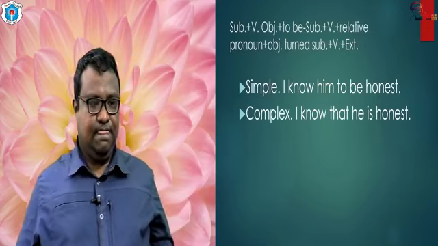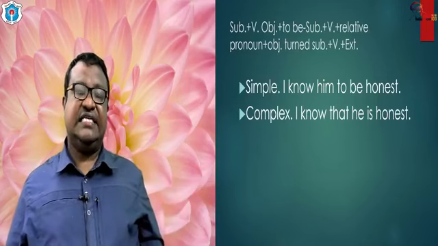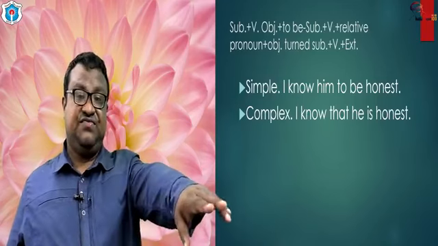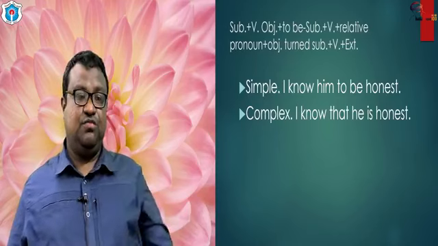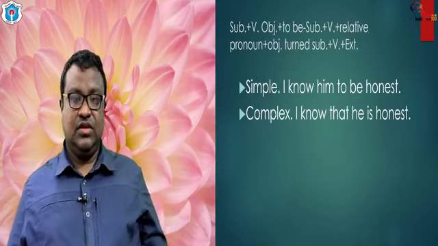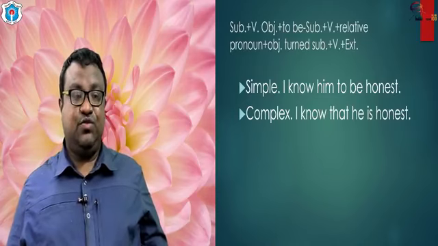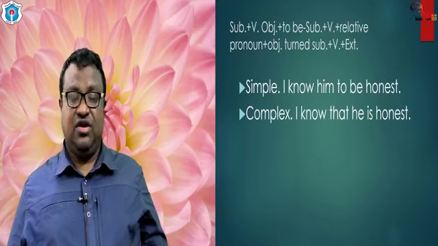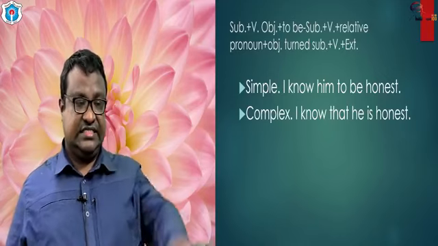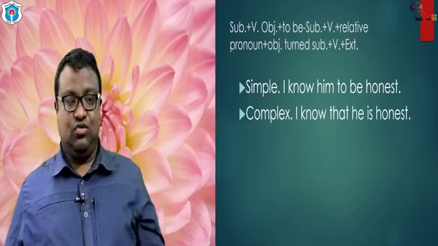Then the verb will come, and of course as there is the phrase to be in the simple form, it will be a to be verb in the complex form, not anything else. That is, he is honest. I knew him to be honest.